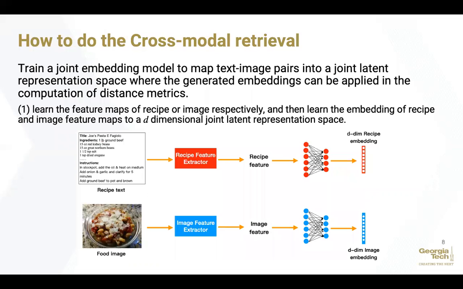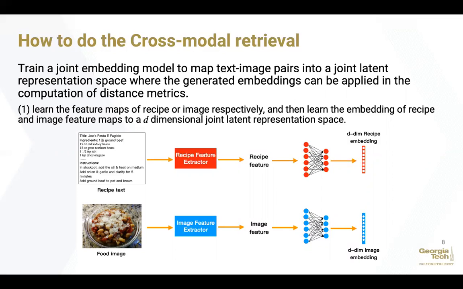The general approach for cross-modal retrieval is to train a joint embedding model that maps text-image pairs into the joint latent space where the textual and the visual embeddings can be computed and compared. The training can be roughly divided into two steps.